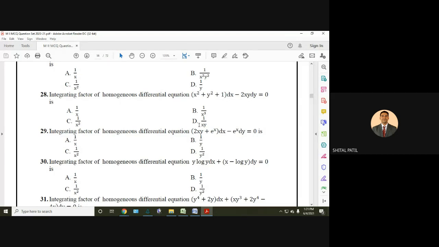So rule number 1 is not applicable, 2 is not applicable, so maybe 3 or 4. M contains 2 terms, so divide by M. Sir, M contains one term now only. M I have written wrongly. M contains 2 terms, no? 2xy and e raised to x. Del M by del y contains a single term, but M contains 2 terms. Yes, sir.